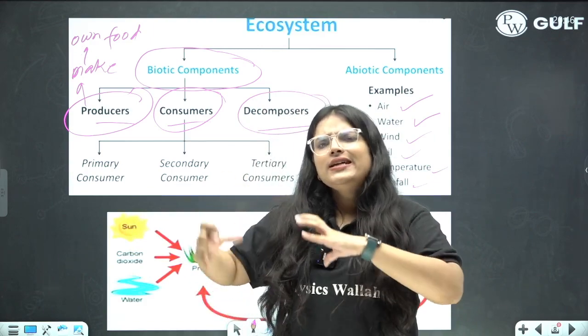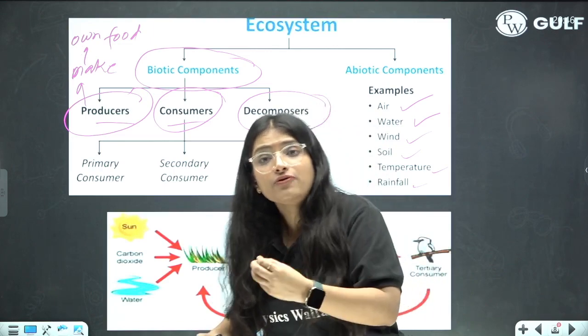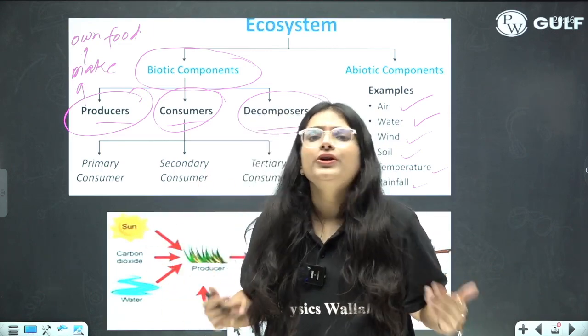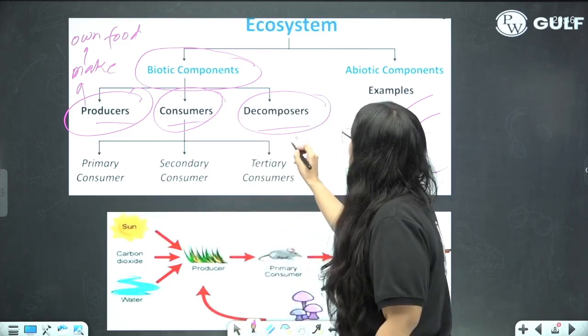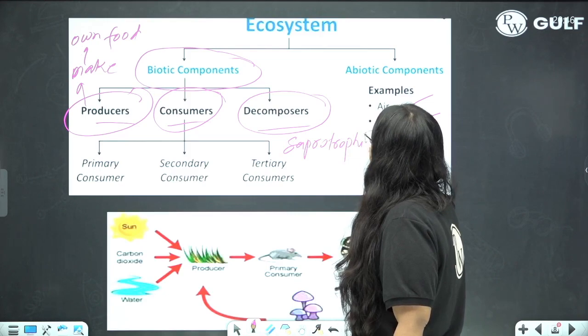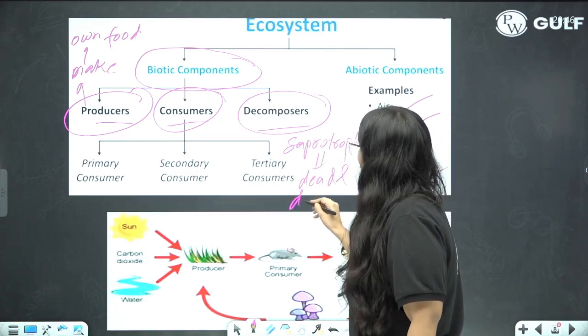What do these decomposers do? Decomposers will secrete some chemicals, some enzymes, so that they will keep on feeding on this dead and decaying matter. How do they do it? Basically decomposers are saprotrophic. Saprotrophic means that they depend on dead and decaying matter.